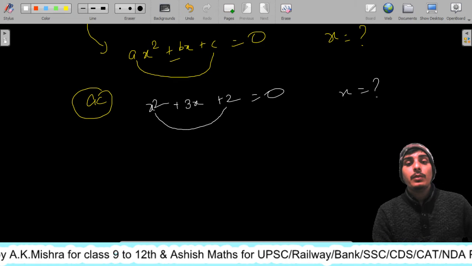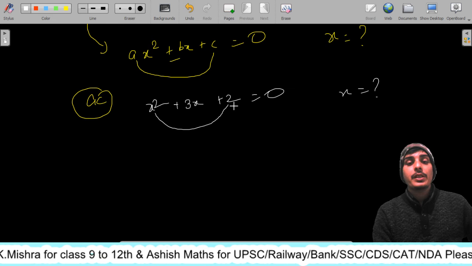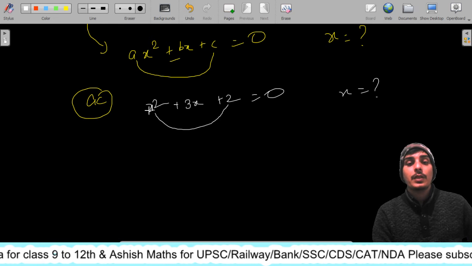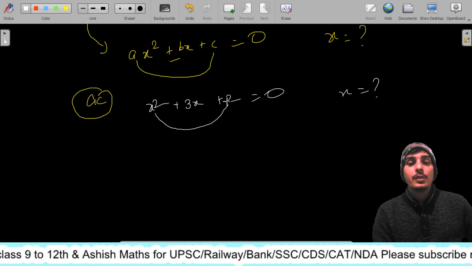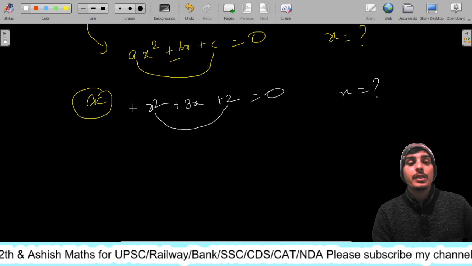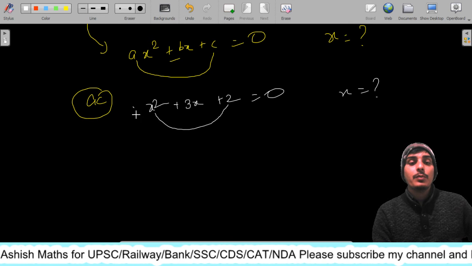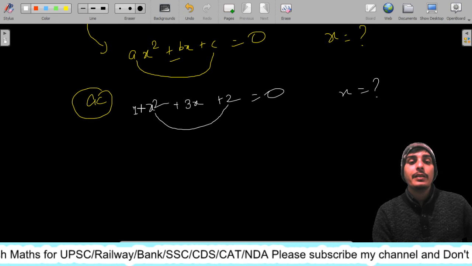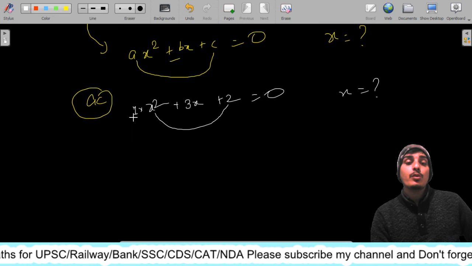you will multiply the coefficient of x square and the constant. What is the coefficient of x square here? Nothing is written, so you can say 1 is available as the coefficient.